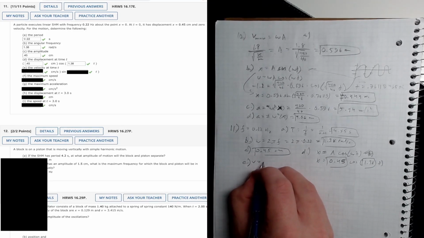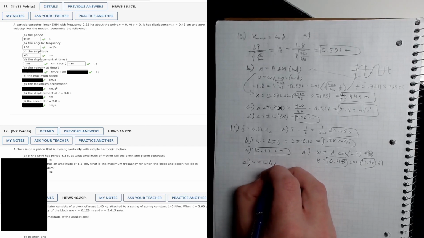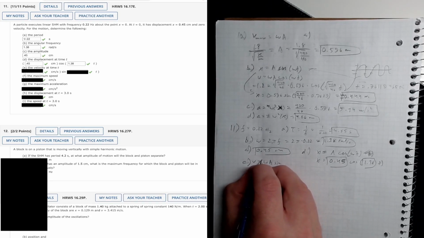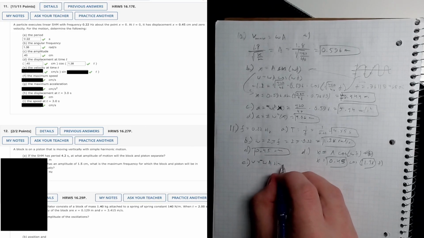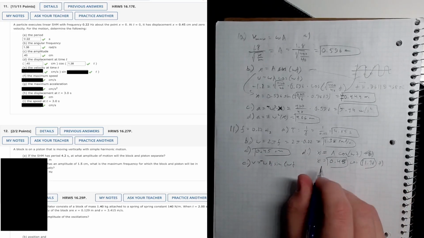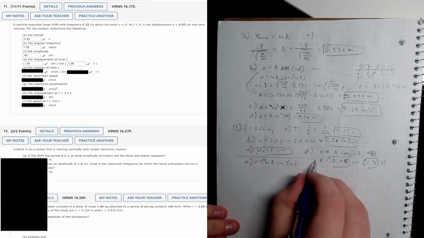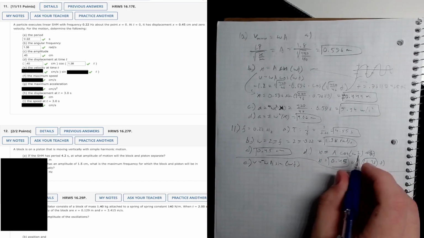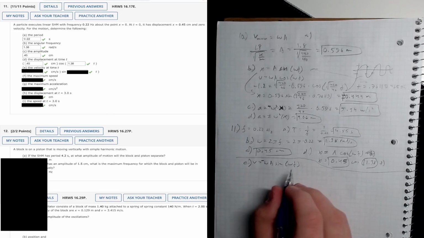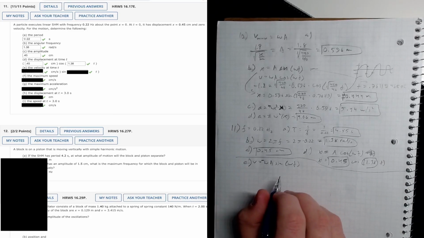The velocity equals w A sine of wt, because it's the derivative of this function, negative that.